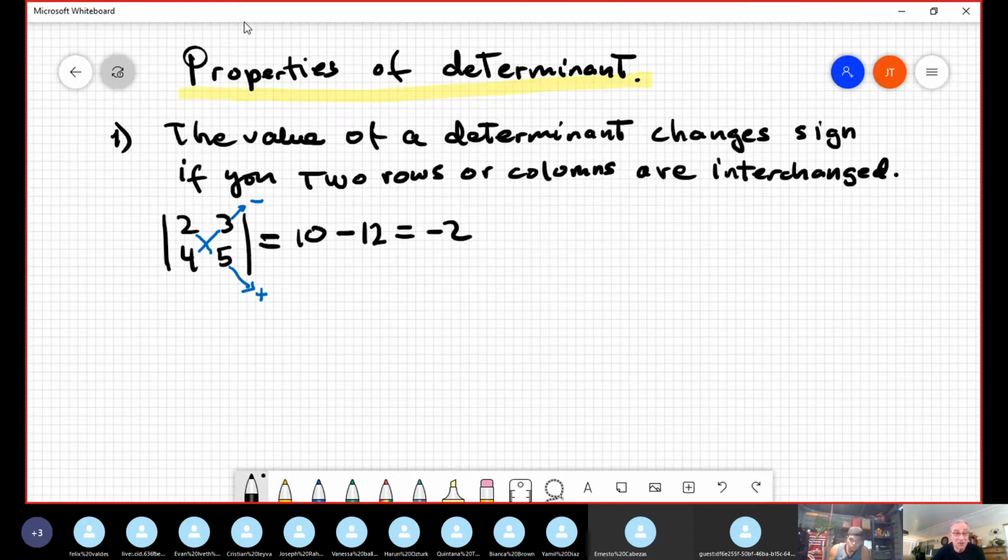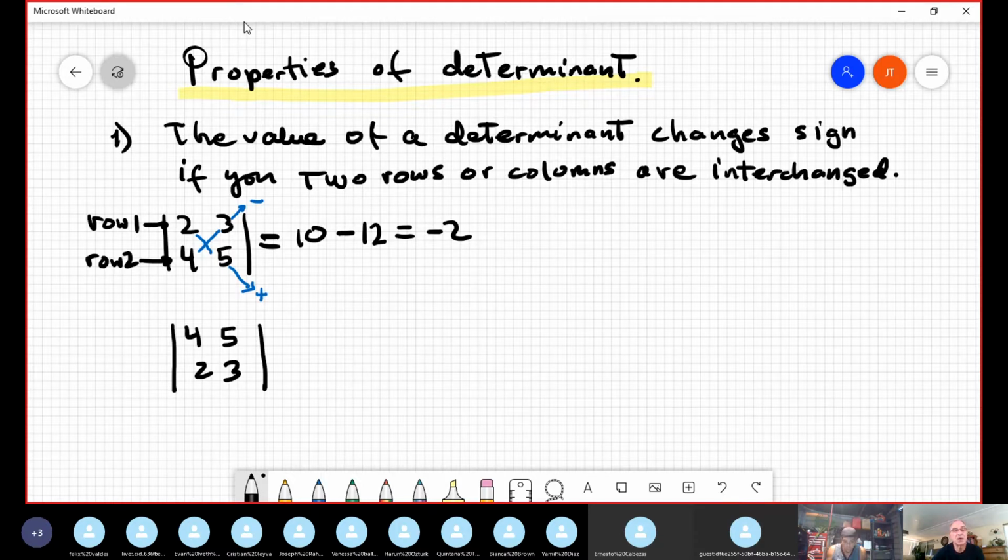Suppose now I interchange two rows. This is the row 1, this is the row 2, and you interchange. You put 4, 5 here, and 2, 3 here. Okay, do you see the action? I did that.